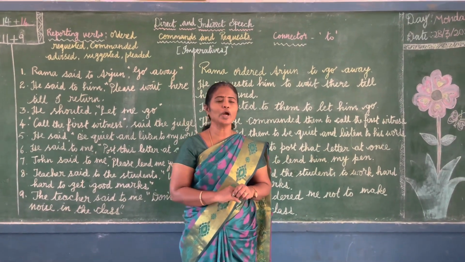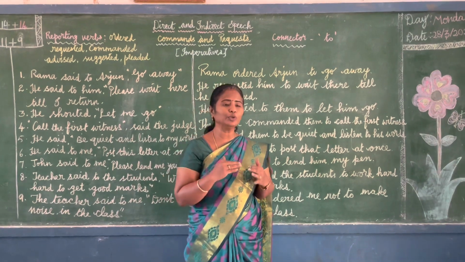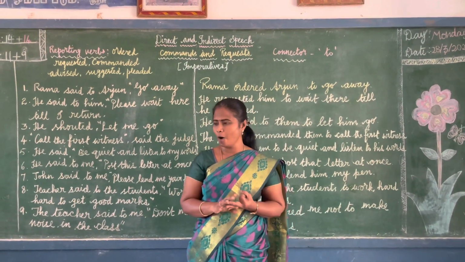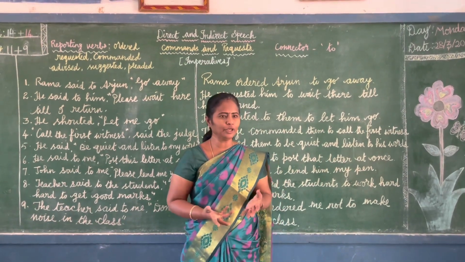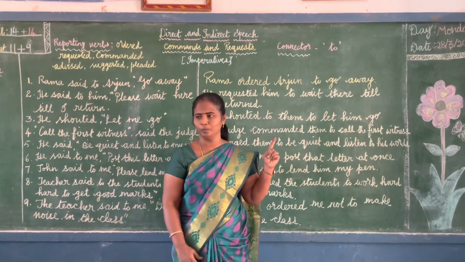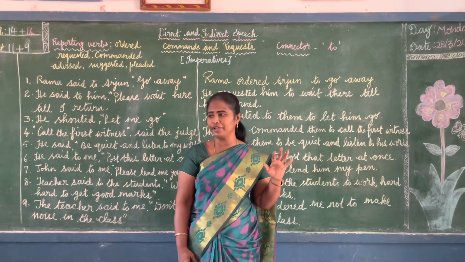Okay. So while you are changing into indirect, first you have to use the reporting verb like suggested, commanded, ordered, requested, instructed, pleaded, everything you can use, and then you have to add the connector to. Okay, so the imperative verb will become the to-infinitive verb.